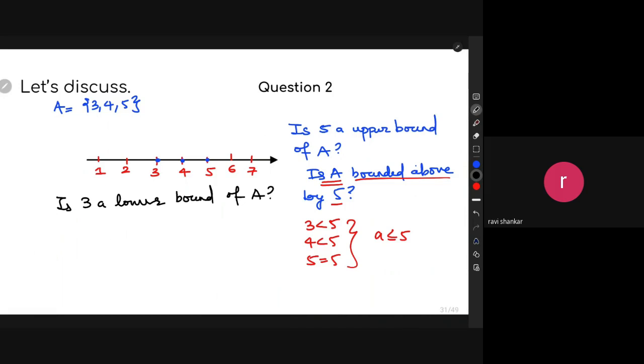As you correctly pointed out, it is a lower bound of A.